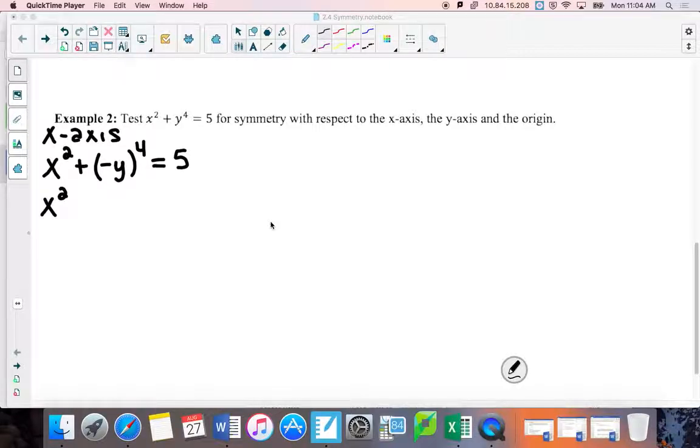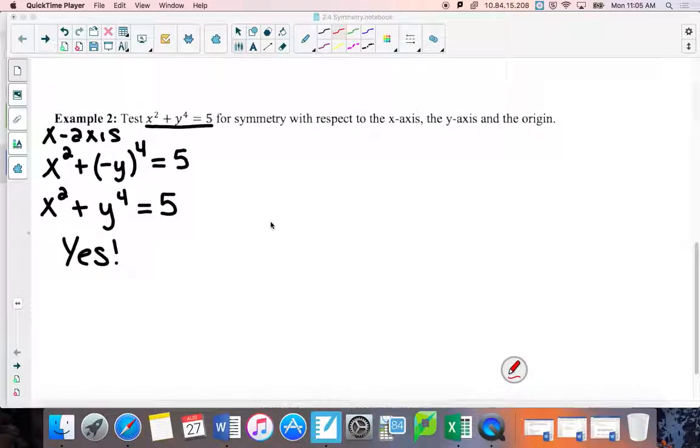But I want you guys to start thinking about what even exponents and what odd exponents do to that negative. So a negative raised to an even power, negative raised to the 4th will always come back positive. A negative raised to an odd will always come back negative. If you need to write that all out to see it, please feel free. So when I look at this back to the original, everything is exactly the same. So yes, this is symmetric to the x-axis.